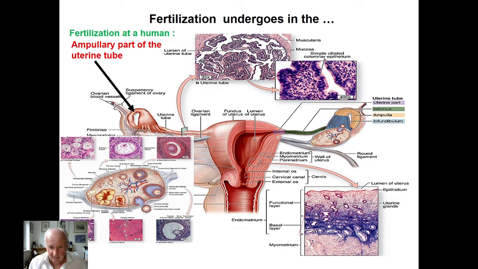Here you see a little nice scheme of the female reproductive organs. So let's start with the ovary, the uterus, the uterine tube, the vagina, the cervix of the uterus.